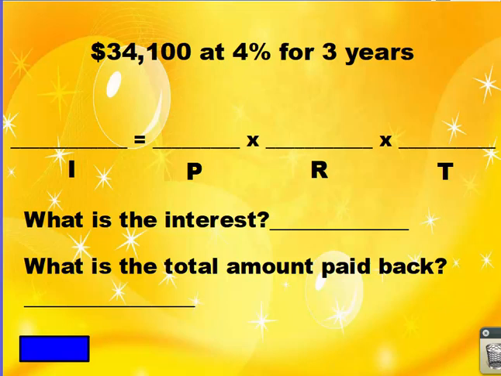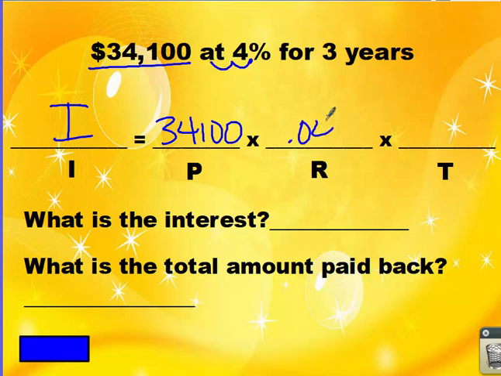Okay, let's see how you did. First, I'm looking for interest, so that's my unknown. My principal amount is $34,100. My interest rate is 4%, so as a decimal that is 0.04. And my term or the time is 3 years.